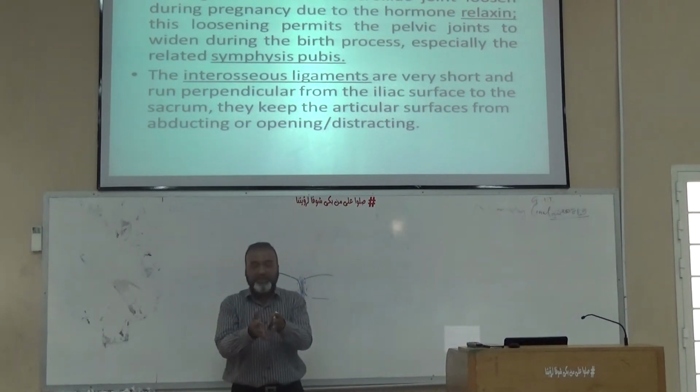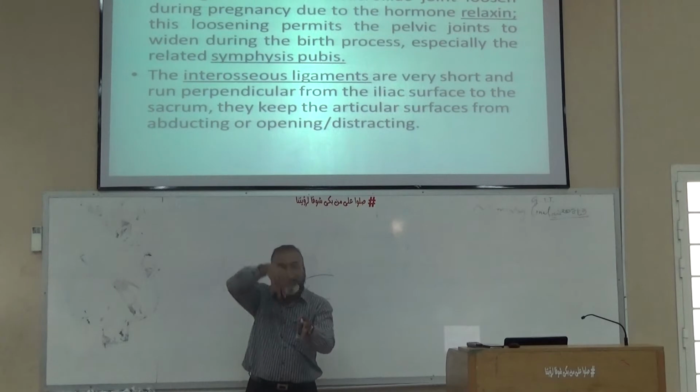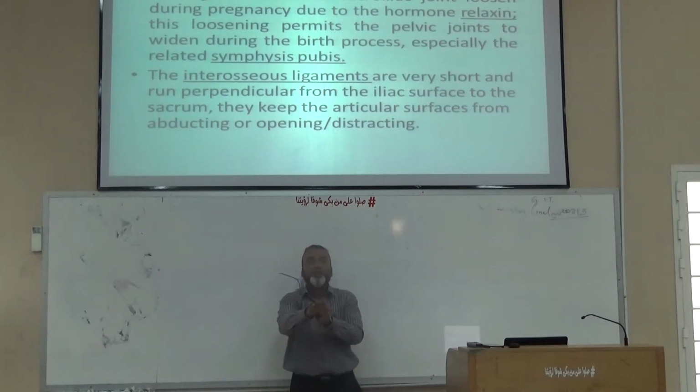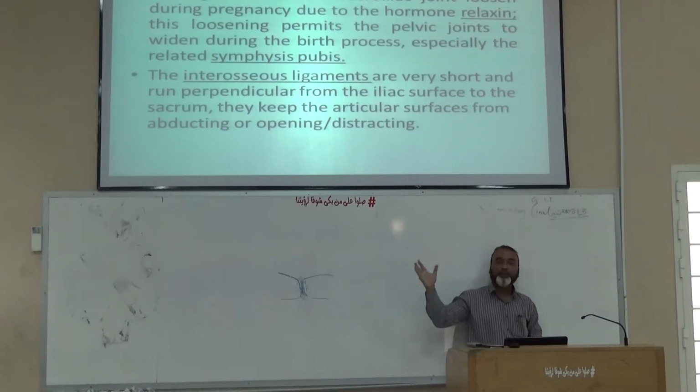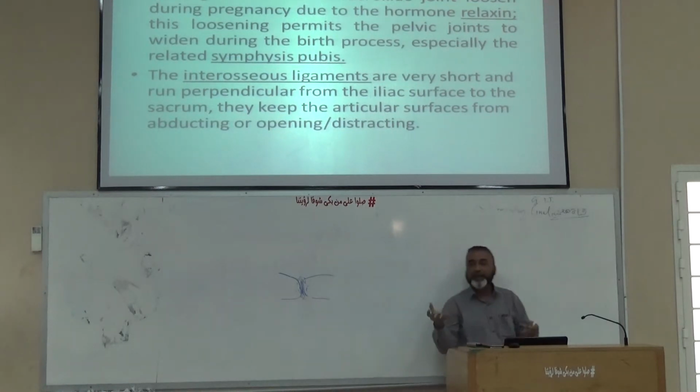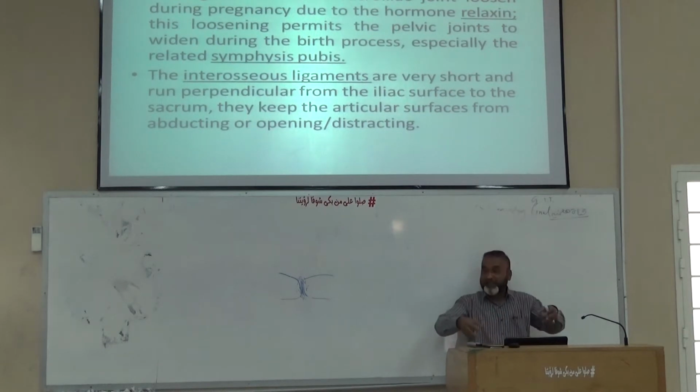As a result, the cavity slightly increases to make room for the baby. So this is due to the release of hormones, mainly relaxin. And this interosseous ligament, as I told you, is a very strong ligament. It holds the pubic, iliac and sacral bones tightly, so that they do not allow abduction or opening of the joint.